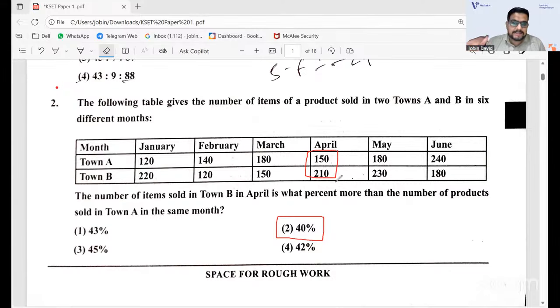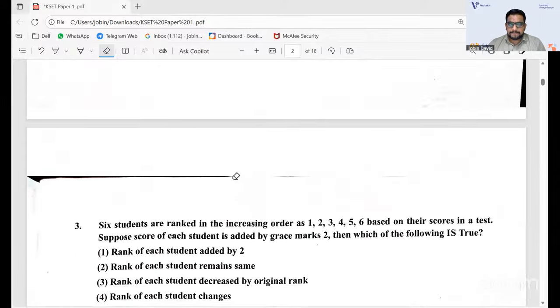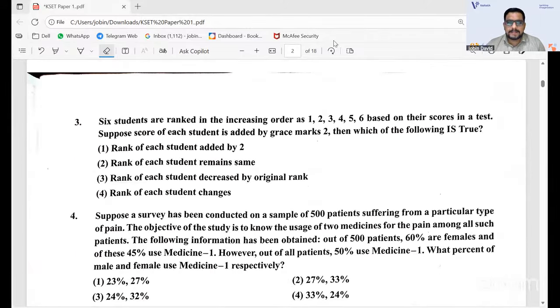The change is 60 and the base amount will be town A's value, that means more than town A's value. So you'll get the answer as 40 percent. The answer is 40.